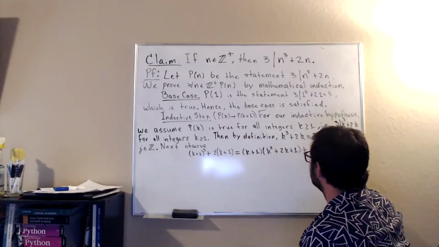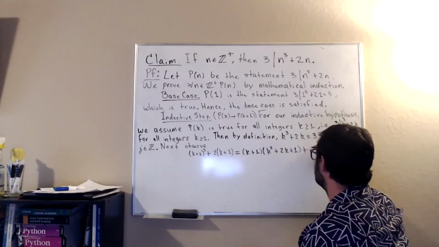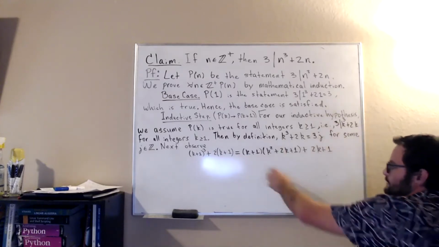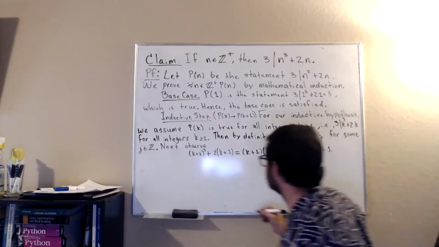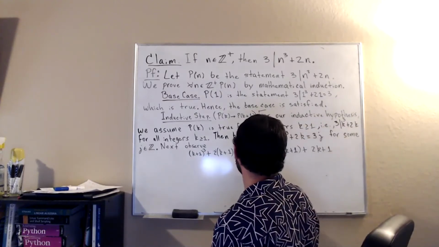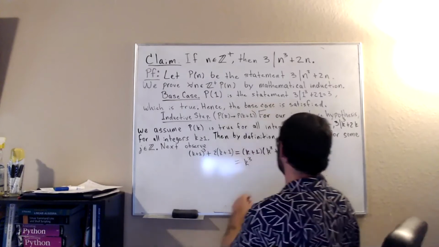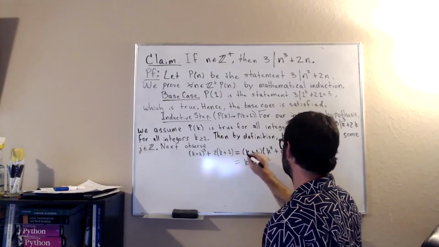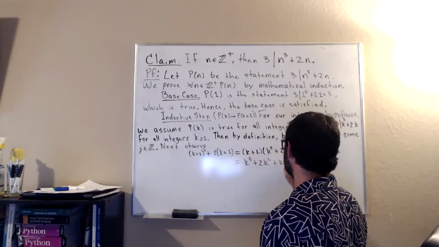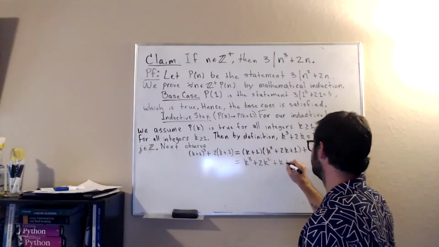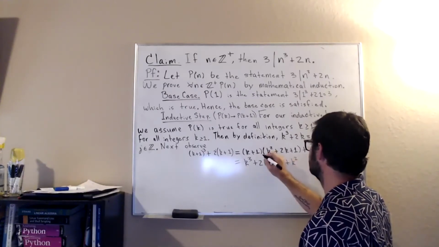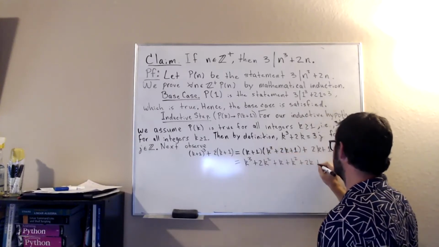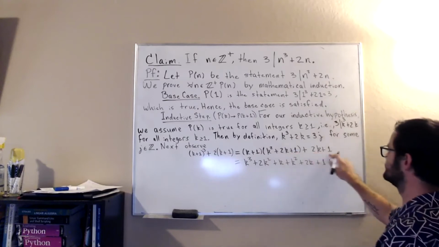So then here we have 2k plus 1. Now I'm going to just keep on doing algebra, basically. So we get k cubed plus 2k squared plus k plus k squared plus 2k plus 1, and then plus this stuff here.